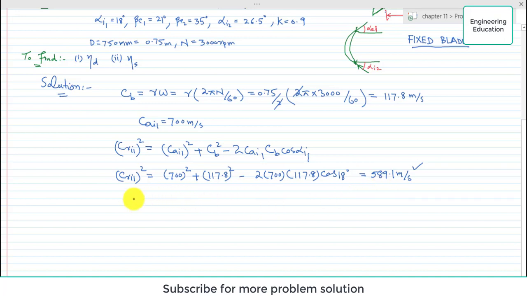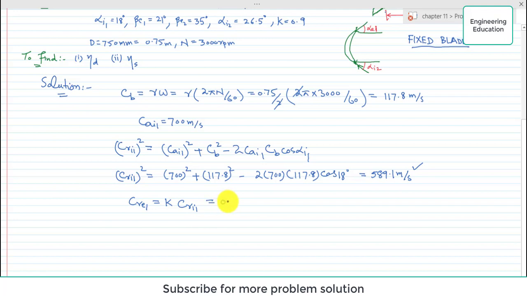Also, to find the value of CRE1, which is the relative velocity with respect to the blade at exit, the blade velocity coefficient will be multiplied with CRI1.